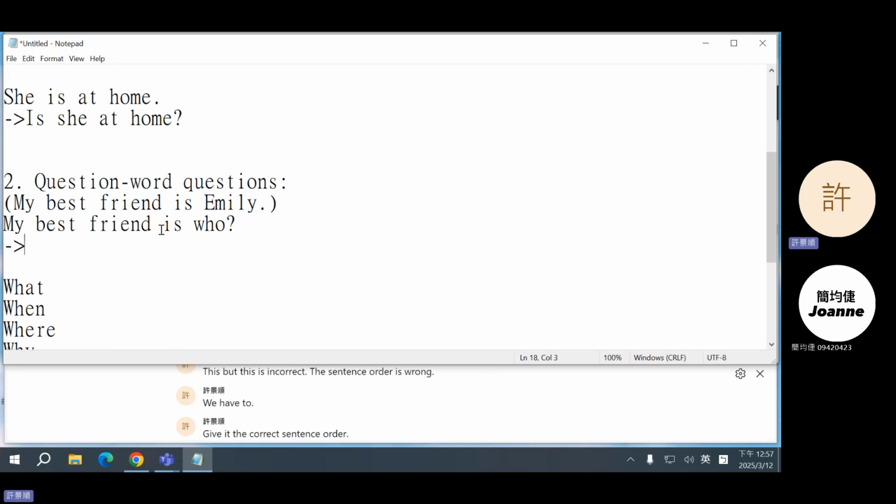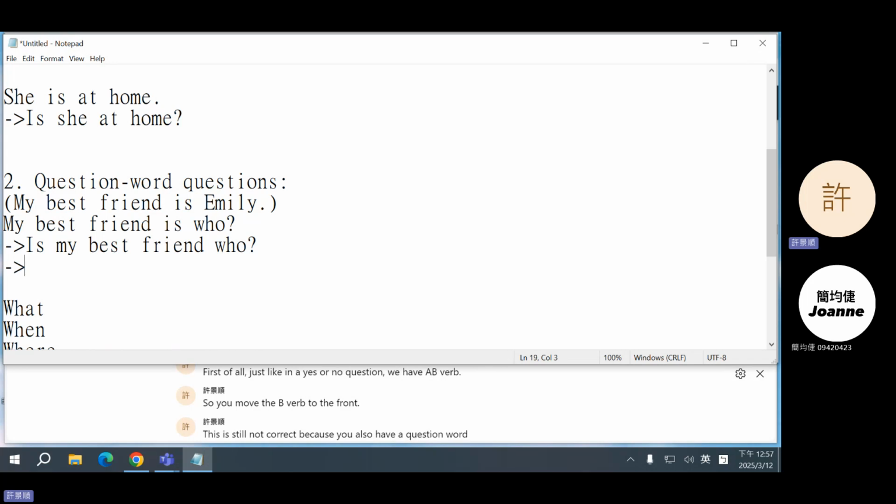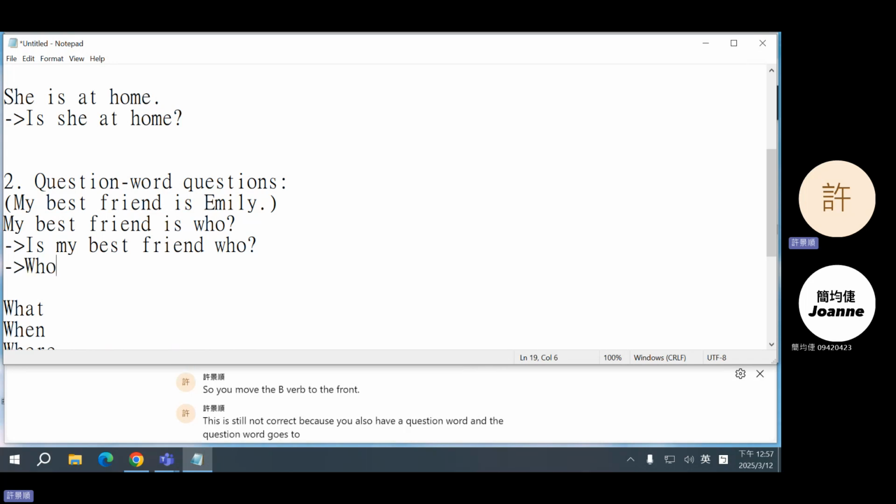First of all, just like in a yes or no question, we have a be verb. So you move the be verb to the front. This is still not correct because you also have a question word, and the question word goes to the very front.